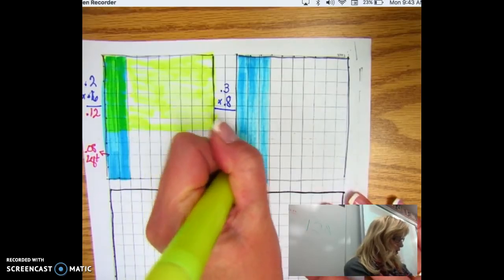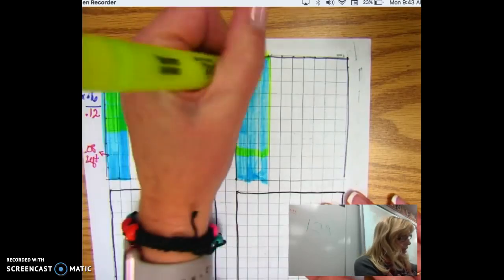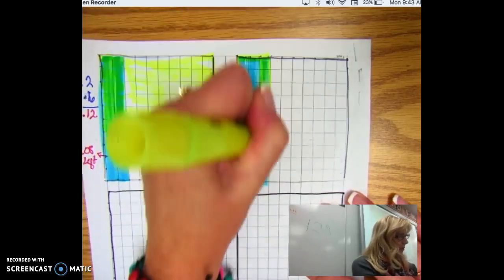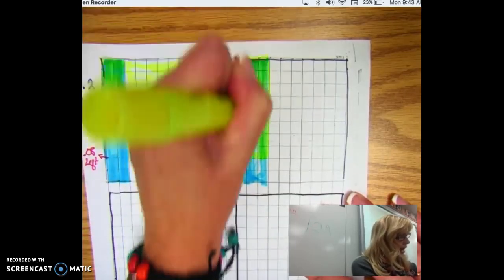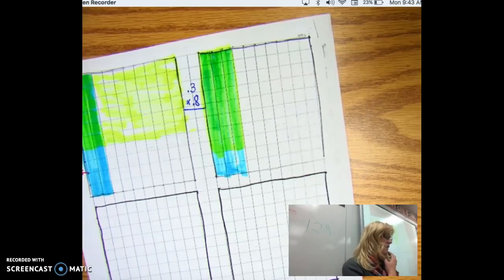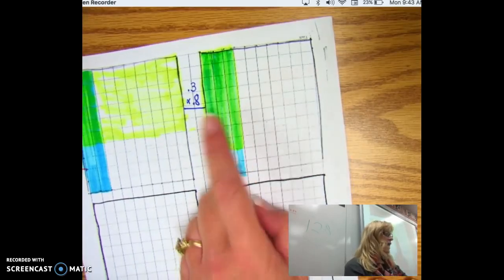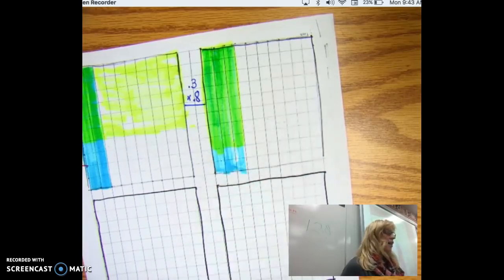So I know that all but 2 are going to need to be shaded, and I chose yellow and blue because they make green, and that's kind of fun. So anything that I shade here is going to be green. This is my answer, the one that changed colors into the green. Who can tell me how many little squares out of 100 are shaded in?